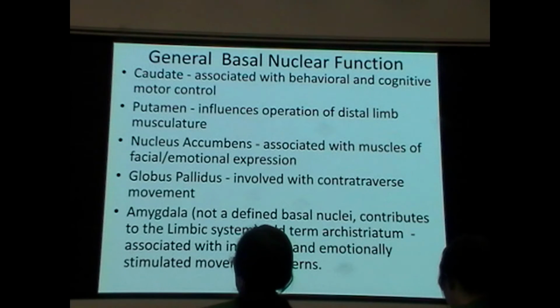Those are contratransverse movements. Once again, the amygdala is not any more defined as a basal nuclei. It contributes to the limbic system. The old term archistriatum associated with it because it had to do with emotionally stimulated movements is no longer considered to be basal nuclear. It's considered to be limbic system.